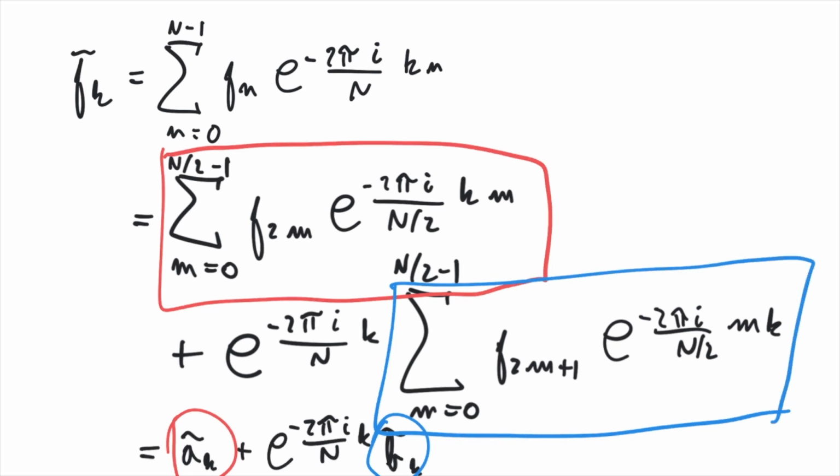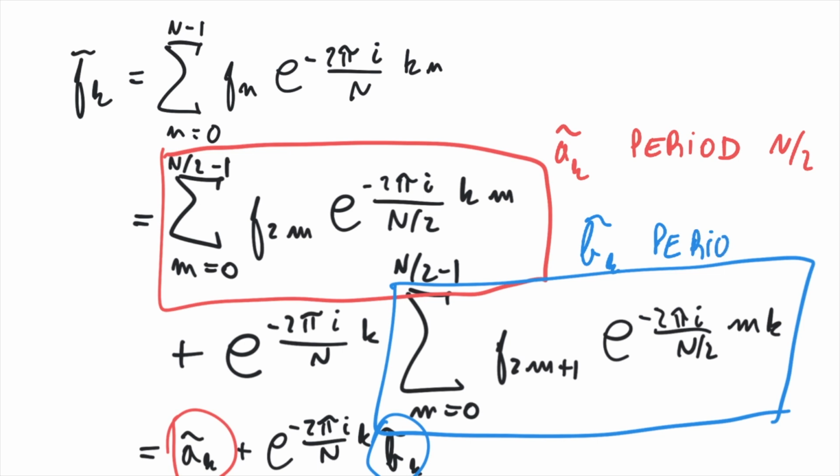And we see that here ak tilde has period n over 2, bk tilde has also period n over 2.